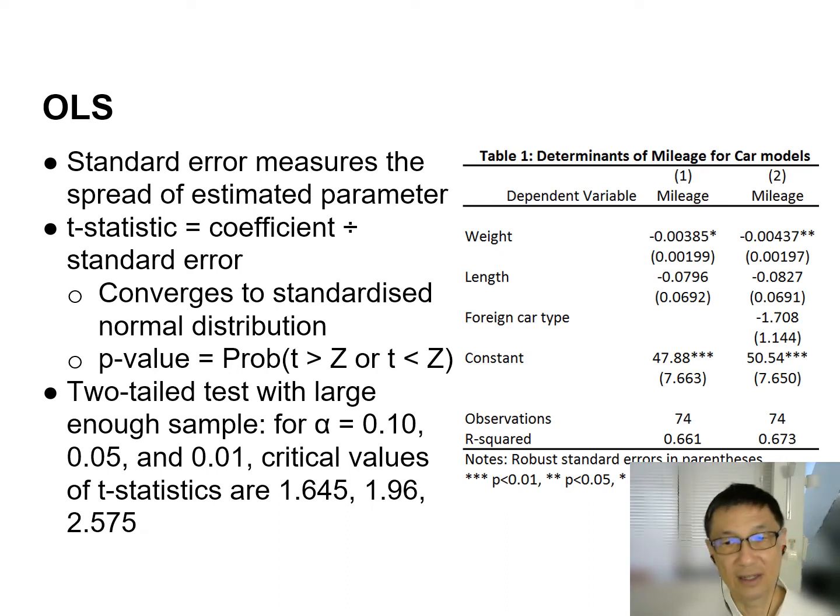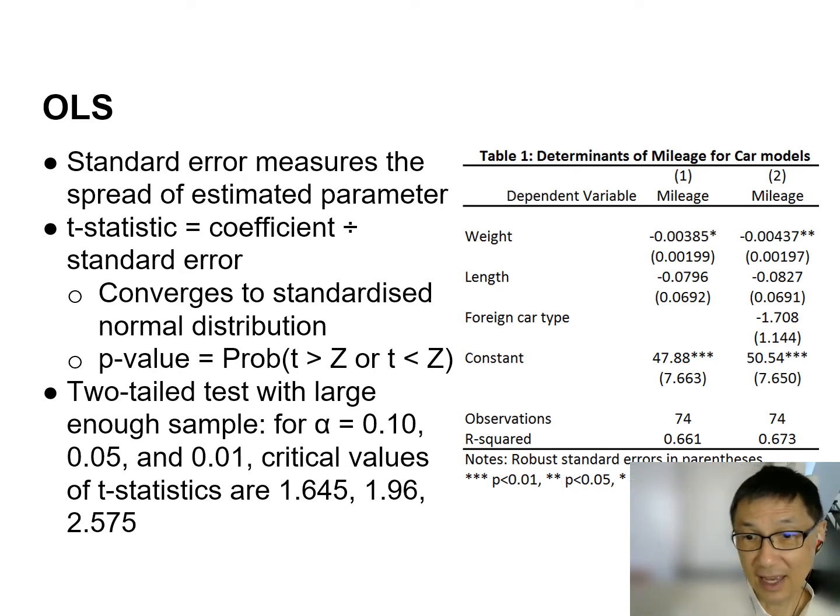Using the normal distribution for two-tailed tests with a large enough sample, for the significance levels of 10%, 5%, and 1%, the critical values of the t-statistics are 1.645, 1.96, and 2.575. So if we find a t-statistic that is bigger than 1.96, we can say we reject the null hypothesis at a p-value of 5%.